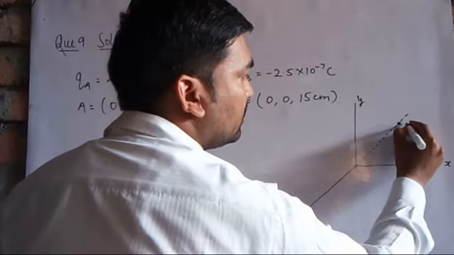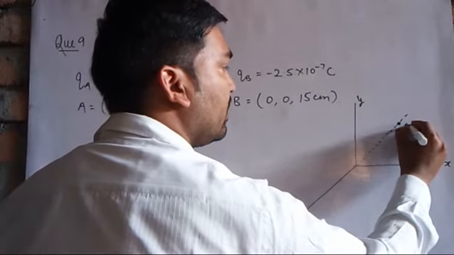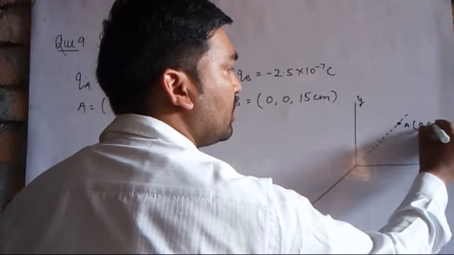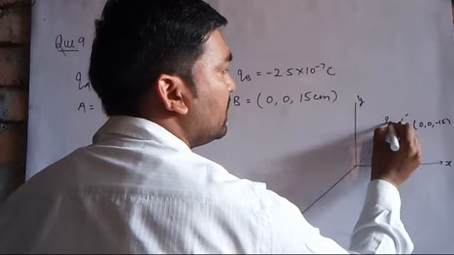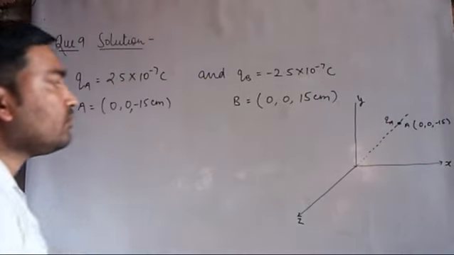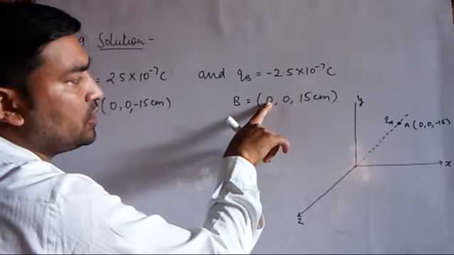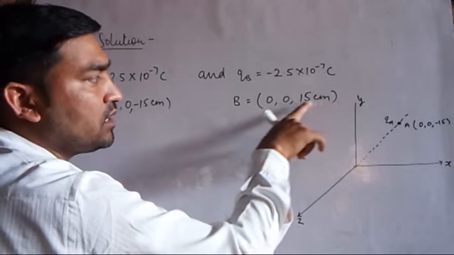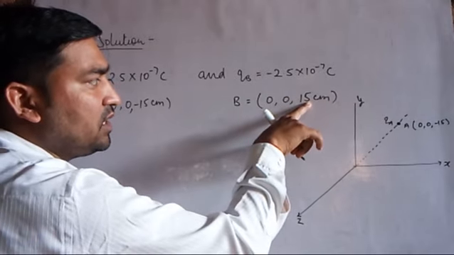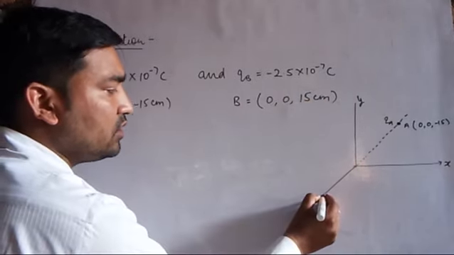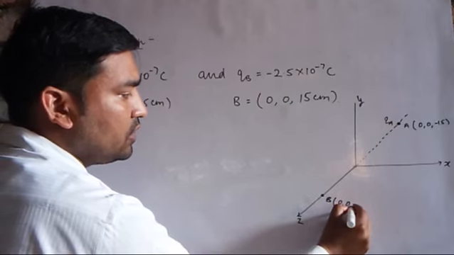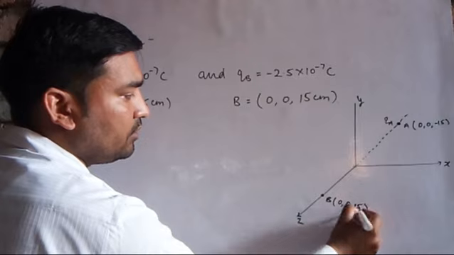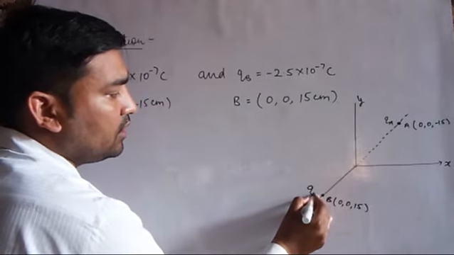Then this point is A and its coordinate is 0, 0, minus 15, and the charge QA is placed at this point and QB is placed at 0, 0, 15. It means only the Z axis is present, then this point lies on the Z axis, and this is point B, whose coordinate is 0, 0, 15, and here charge QB is placed.